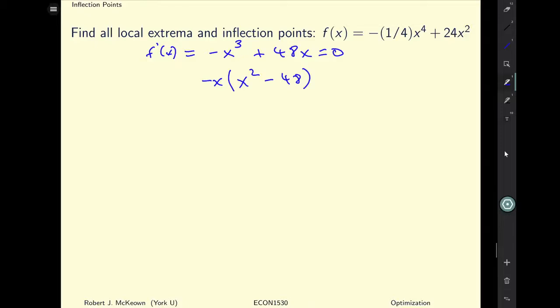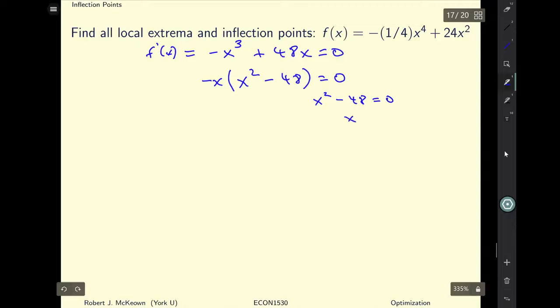Now clearly this whole thing is going to be equal to 0 if x is equal to 0, but it'll also be equal to 0 if x squared minus 48 is equal to 0.